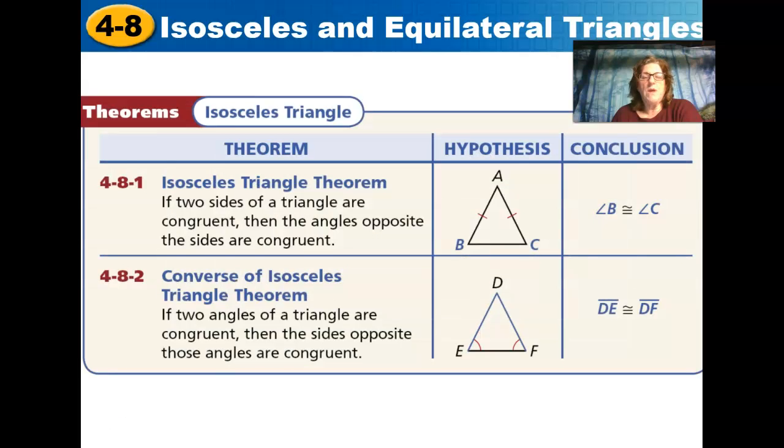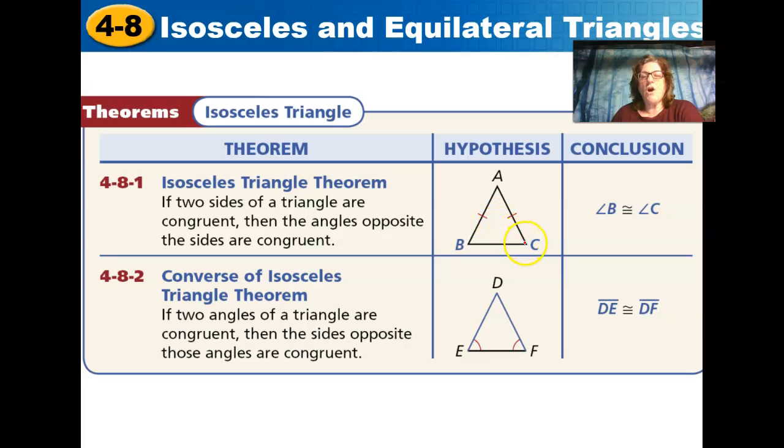So the first thing that we have is the isosceles triangle theorem. Before we start to talk about that, let's just talk about what an isosceles triangle is. The definition of an isosceles triangle says that it's a triangle where at least two sides are congruent. The two sides that are congruent are referred to as legs.